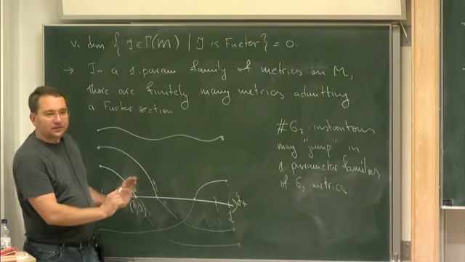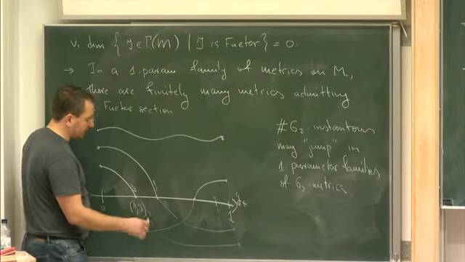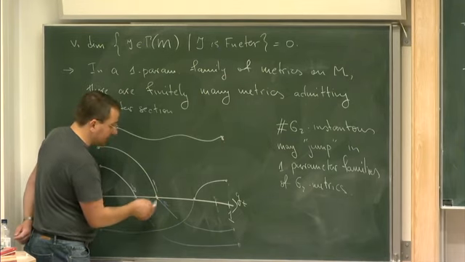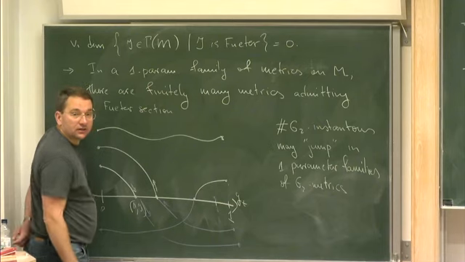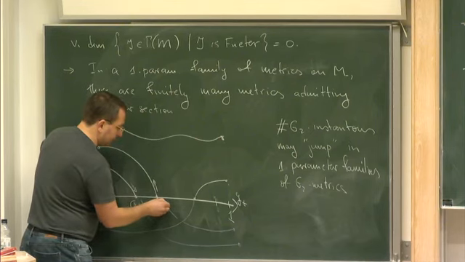So what can be proved is more or less this: if you have a Fueter section on an associative, Thomas's result tells us we can go in this direction, and we have a variant of this direction.